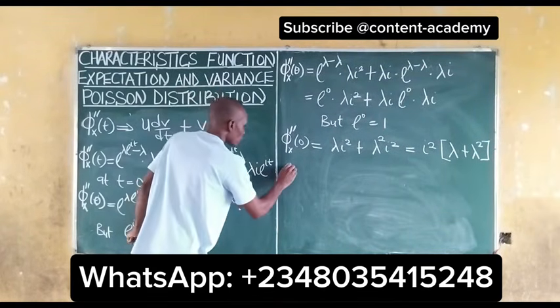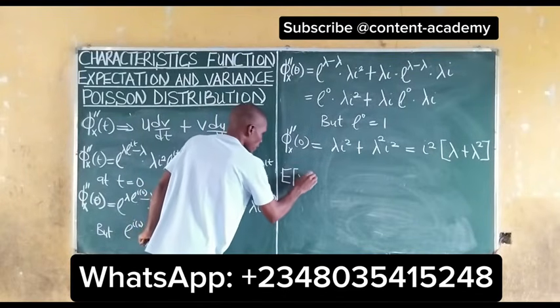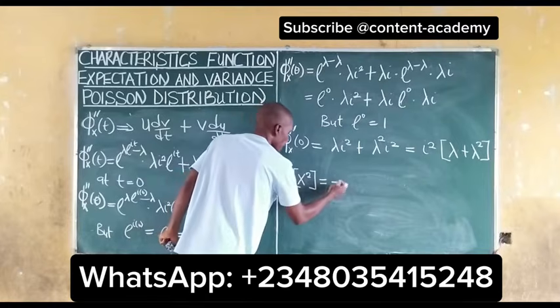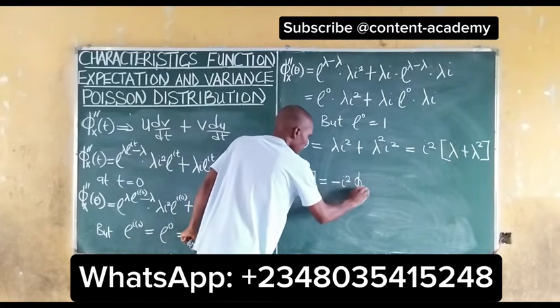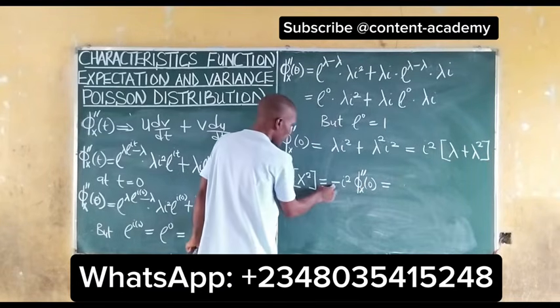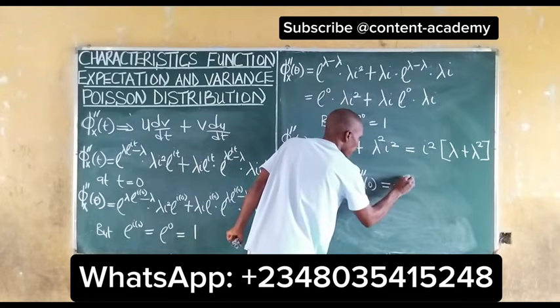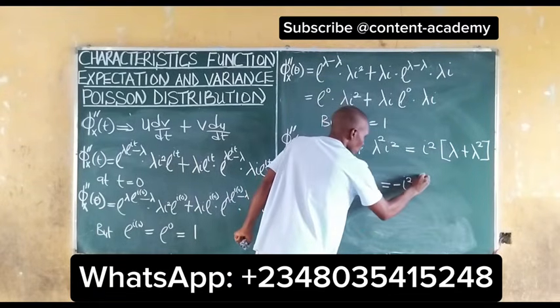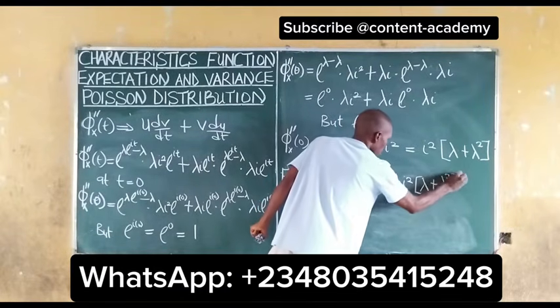It then means that we can now write our expected value of x squared, which is equal to negative i squared, our characteristic function, to be equal to, because of this negative sign, negative i squared into lambda plus lambda squared.